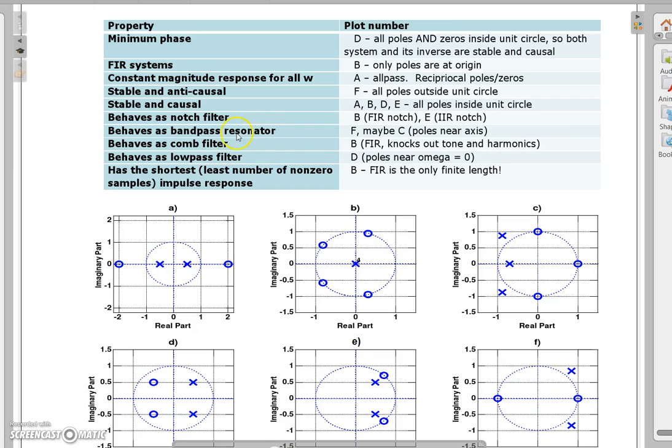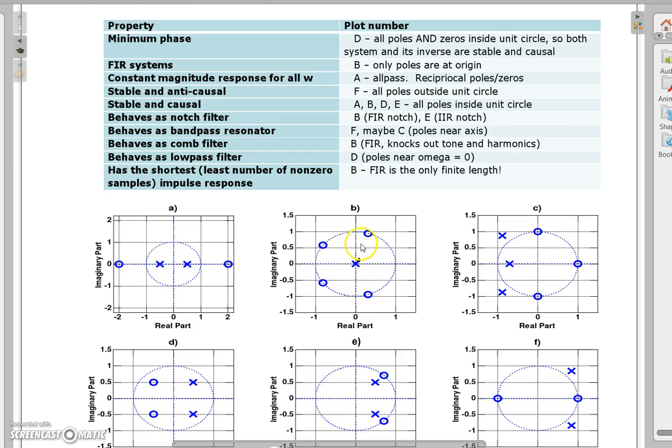So these would be the bandpass resonators. Comb filter. A comb filter is basically an FIR filter that knocks out tones and harmonics. A notch filter is kind of a special case of a comb, so this is both a notch and a comb. Here we'll knock off this frequency, omega-1 and minus omega-1, that pair will knock that off, and then it works out this will be a multiple, so this would be 2 omega-1 over here.